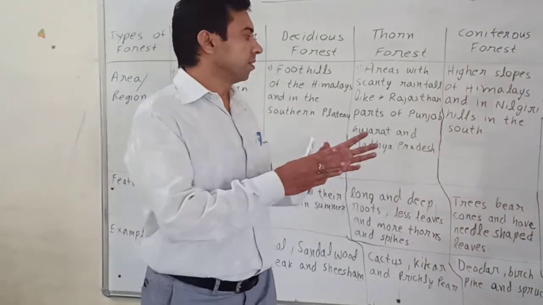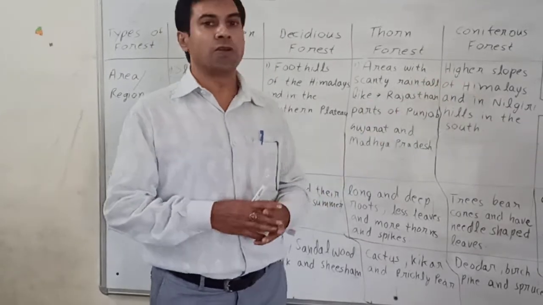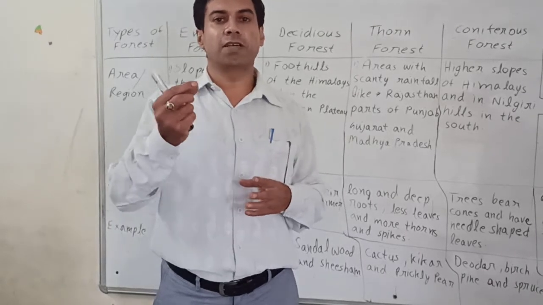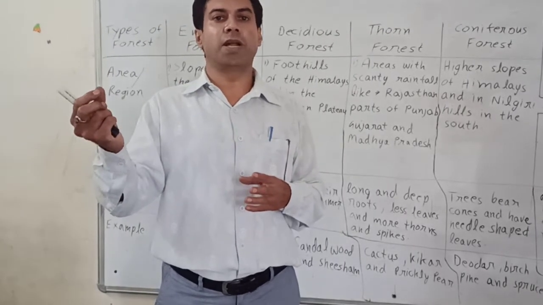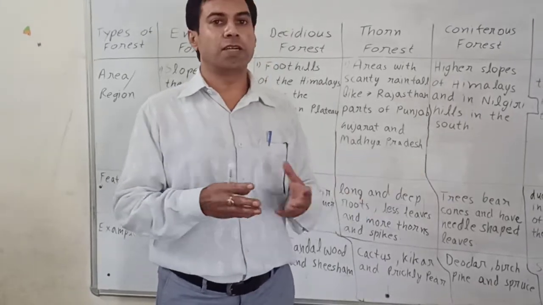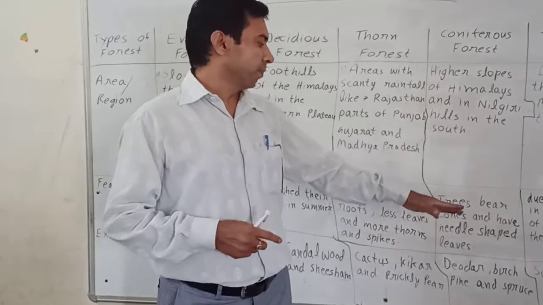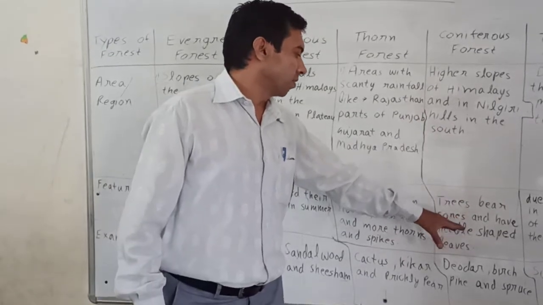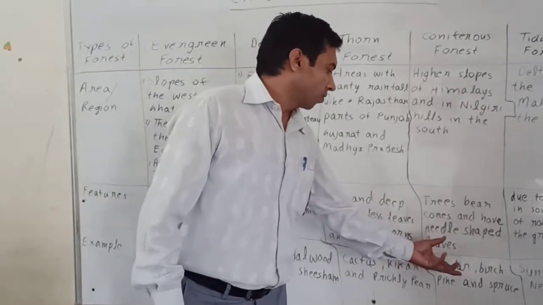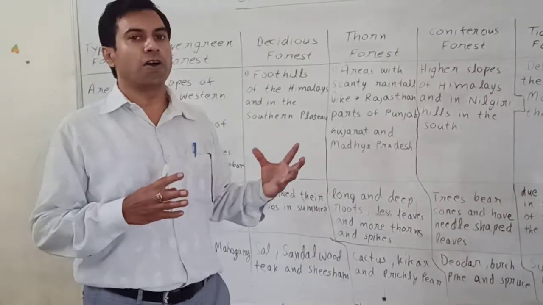Because they are in the higher slopes of the Himalayas, where snowfall is very common, and leaves are the kitchen of the plant, where food is produced. If leaves are destroyed, then how will the plant survive? That is why leaves are needle-shaped. Common trees found here: deodar, birch, pine and spruce.